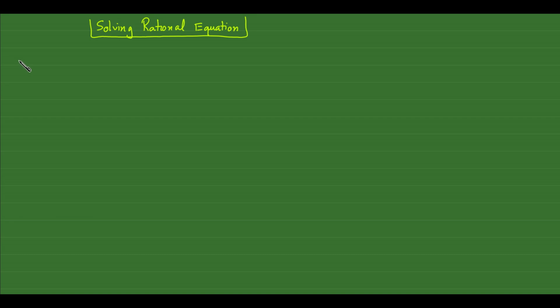So before I jump to the example, I'm going to give you a general tactic, a general strategy, of how to solve rational equations. Maybe some of you don't want to follow my strategy, and you can come up with your own way of solving rational equations.